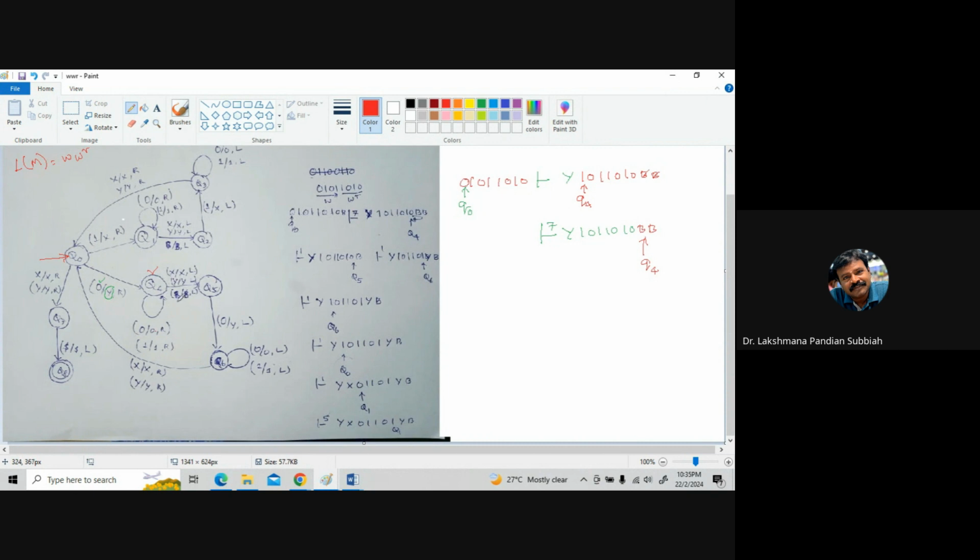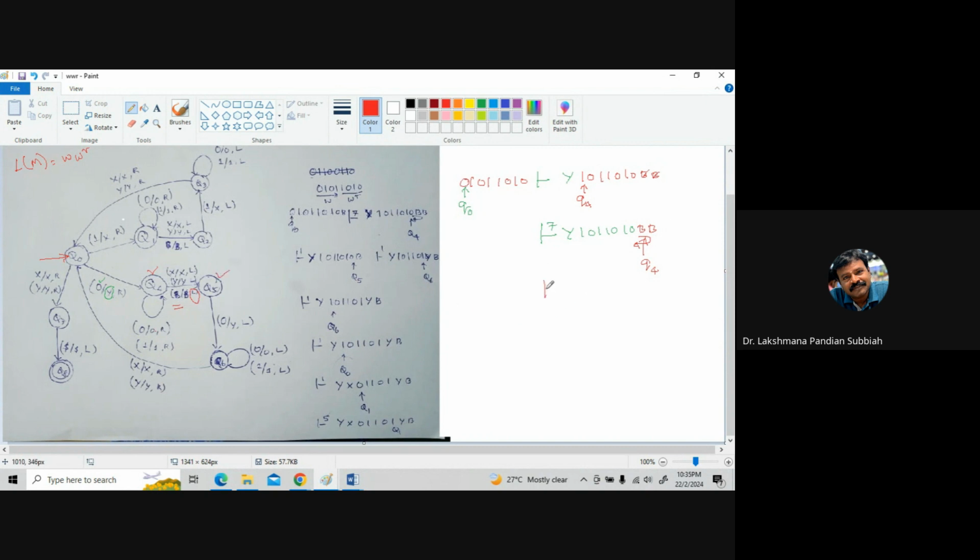If we have a blank space, we leave the blank as it is and move to the left. This is important: move to the left, and change the state to Q5.